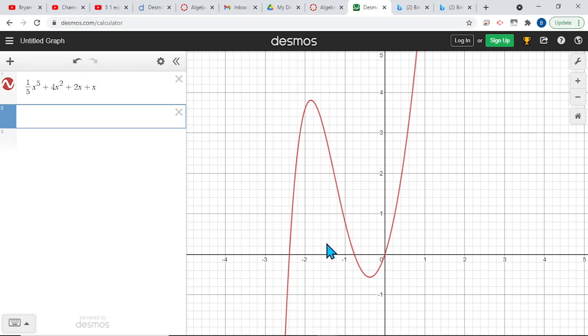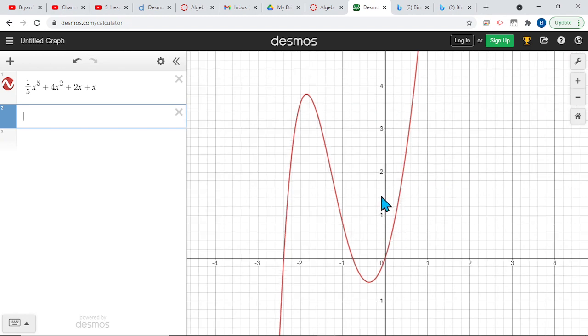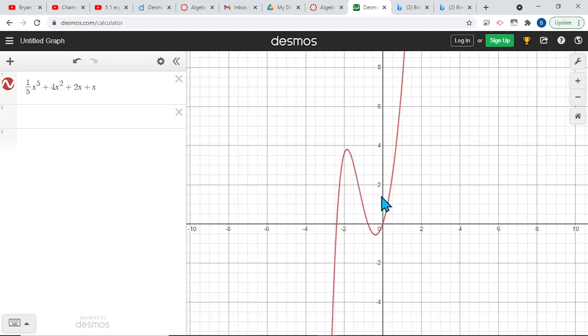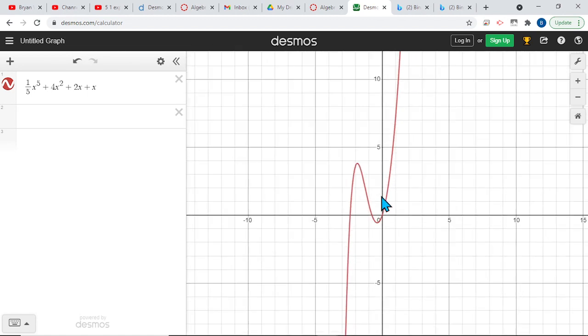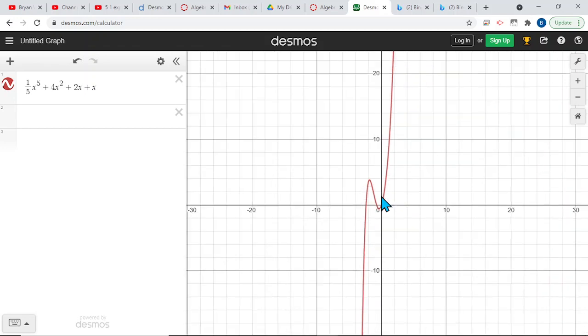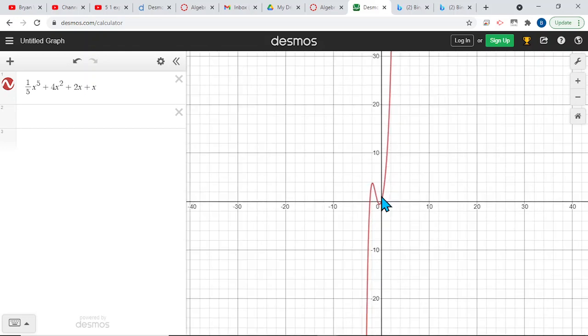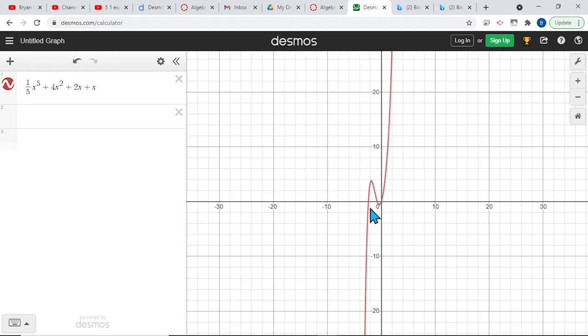As we start at the origin and go to the left, it looks like it goes down, and as we go to the right, it goes up. Now that's the end behavior, but we need to scroll out somewhat to really make sure it doesn't loop back again or something. And we can tell pretty well with this one that as you go to the left, the graph goes down. As you go to the right, it goes up.